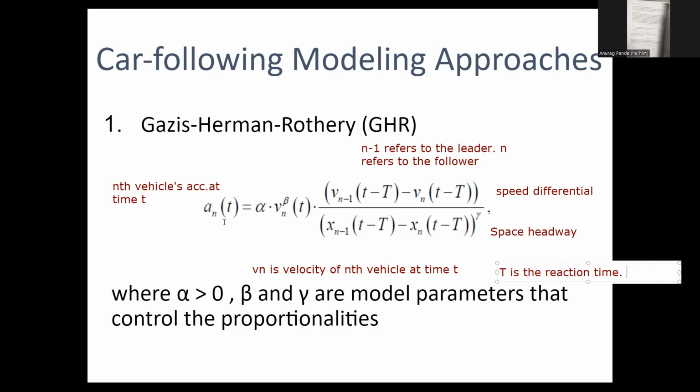Yes. So the question is, is capital T always the same for the n-1th vehicle or nth vehicle or whatever? But remember, we are always deriving the behavior of the follower, right? Because it's a car following model. So we are basically interested in what the follower is doing.